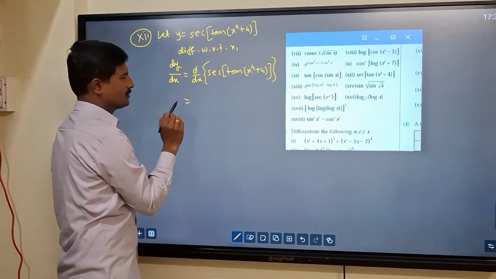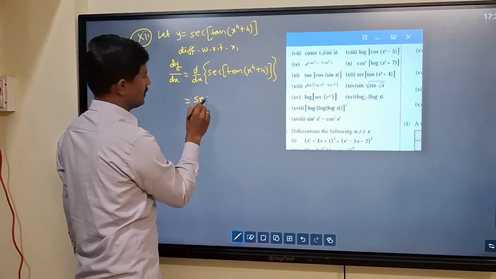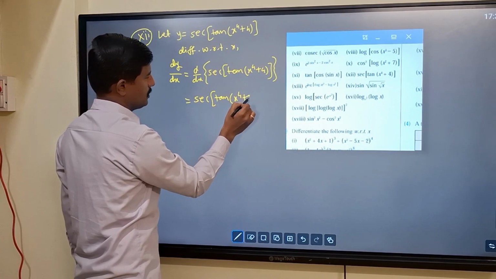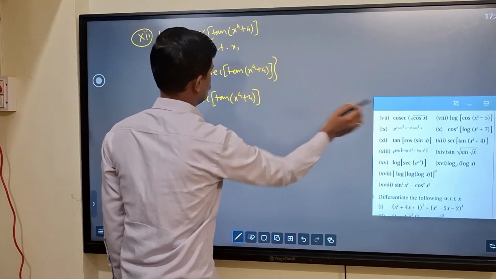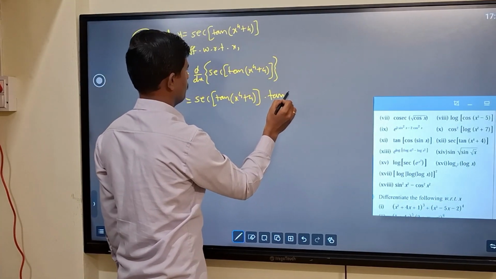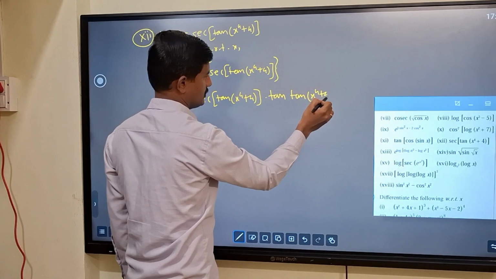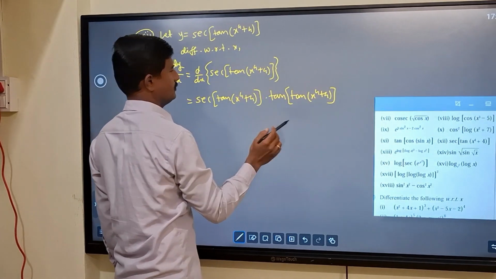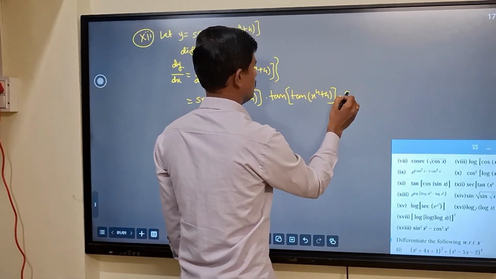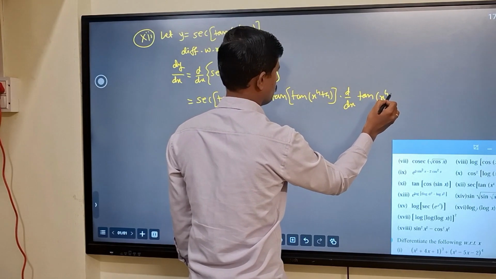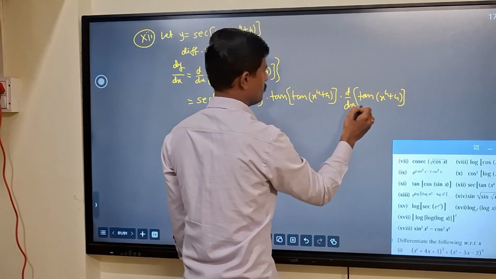Now differentiation of sec x is sec x into tan x. It means sec of tan of x raised to 4 plus 4 into tan of x raised to 4 plus 4 into d/dx of tan of x raised to 4 plus 4.